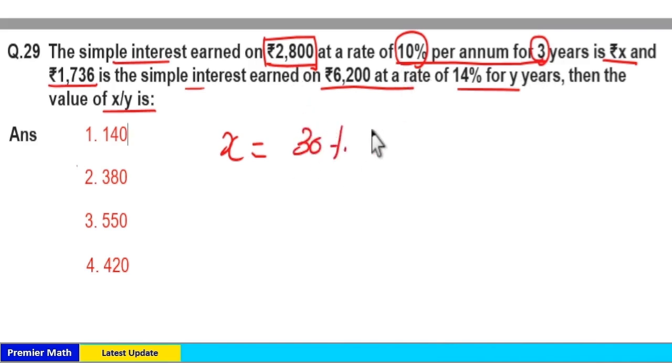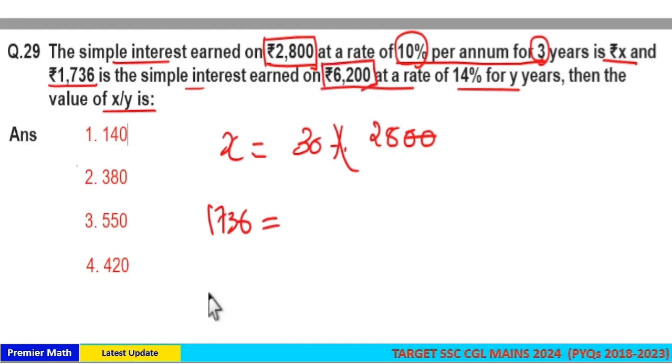So 30% of principal 2,800 is the simple interest x. Percentage and 00 cancel. Now here 1,736 is the simple interest earned on principal 6,200, at 14% for y years. For 1 year rate is 14%, then for y years rate is equal to 14% of y.